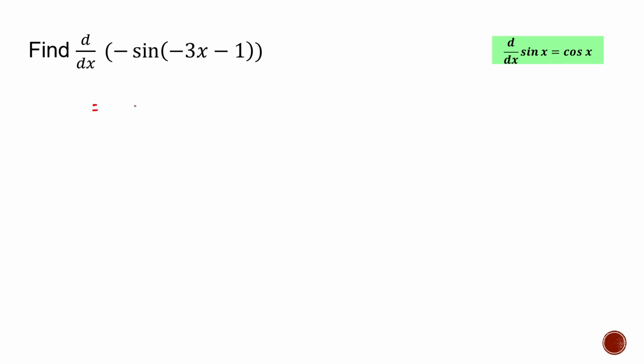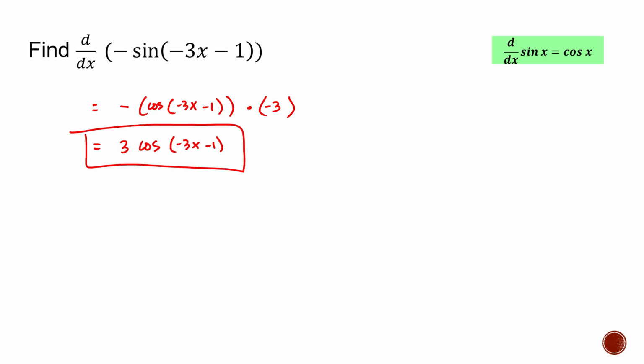So that means this will just be negative cosine, and then negative 3x minus 1, multiplied by the derivative of negative 3x minus 1, which is negative 3. So negative 3 times negative is positive, so this is equal to 3 cosine of negative 3x minus 1.